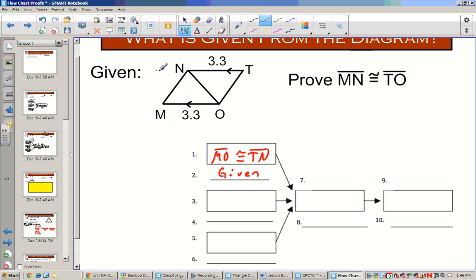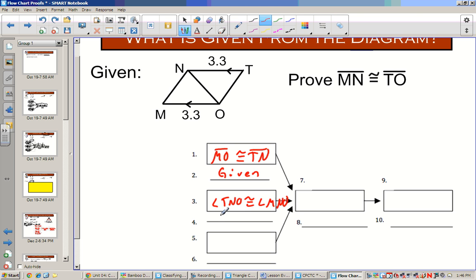Since these lines are parallel, this is our transversal. Can you see that these two angles would be alternate interior angles? So that's going to be angle TNO is congruent to angle MON.